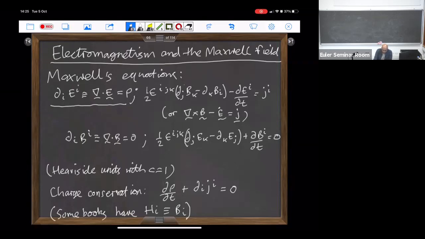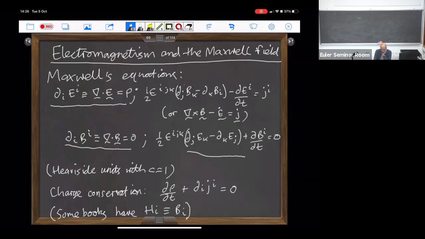The third equation is telling us that the magnetic field is divergence free. And then the last one tells us that the curl of the electric field plus the time derivative of the B field, the magnetic field, is 0.